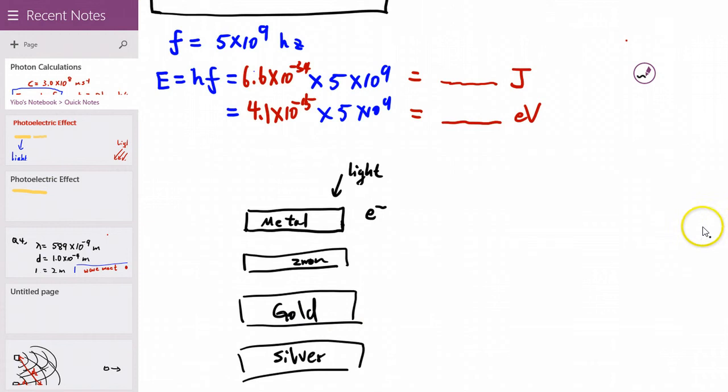So what the scientists did is they found something called the work function. Again, it has a fancy name.